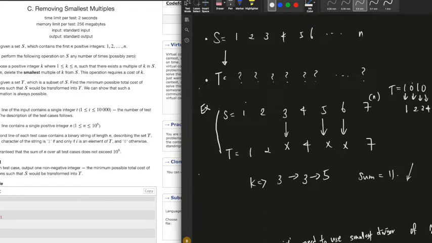So when t_i is equal to 0, it means T does not have the number i. So you can make T like this. I wrote down x for the numbers that T does not have.